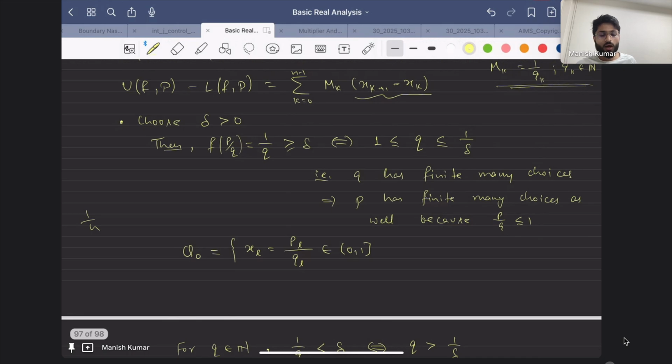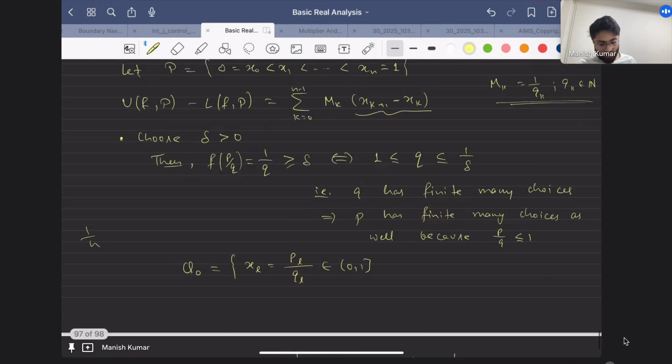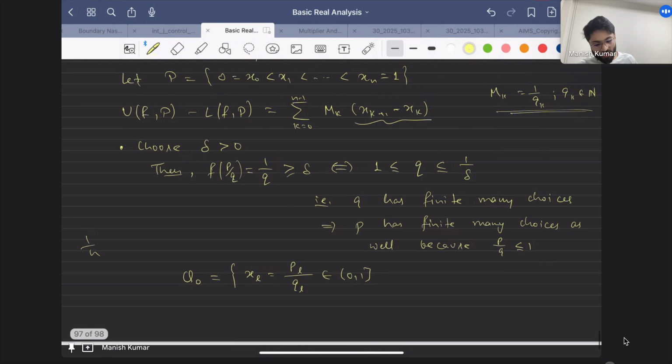Correct. So I'm starting with the goal that I want to make this small. The possibilities that it will be large are finite. This going to 0 is the same as saying that 1 by n can be made less than epsilon, there exists M. Correct. So it's the same argument.